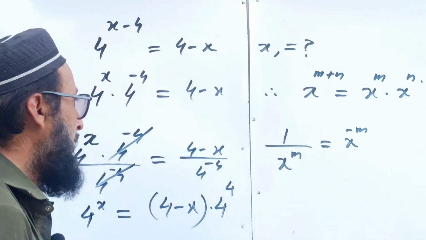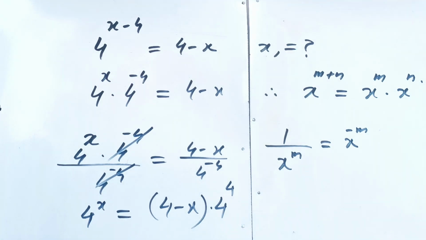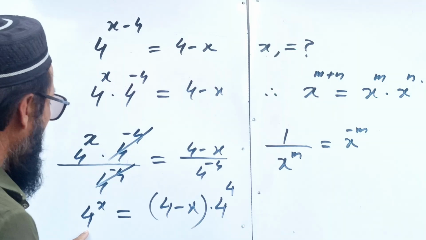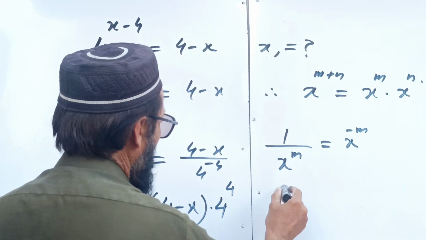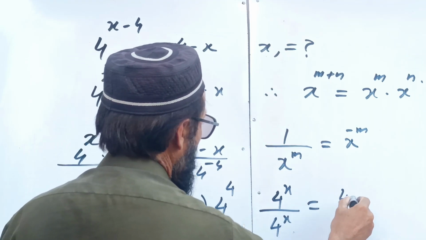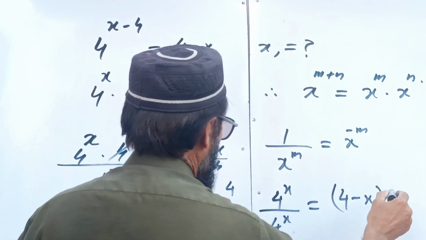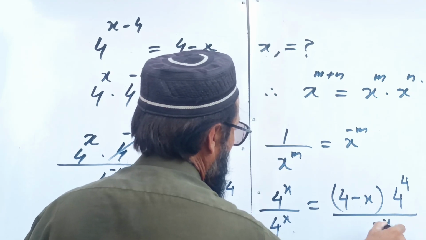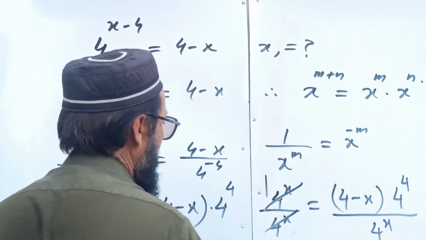Now similarly, we try to finish this term, dividing both sides by 4 exponent of x. 4 exponent of x divided by 4 exponent of x is cancelled, and we get 1.